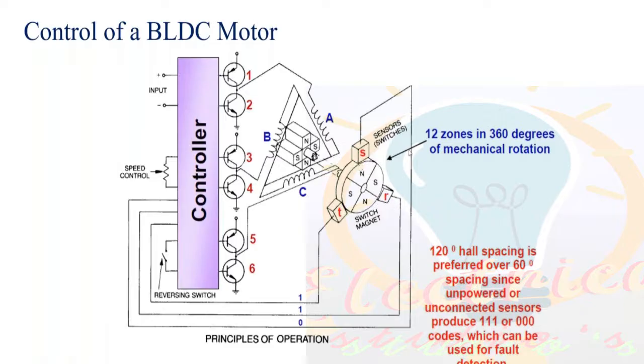I believe you know what a Hall sensor is, and I don't want to go deeper into that area. The Hall sensors give the input signal to the controller, and based on the position of the rotor, the controller decides which semiconductor switch, either MOSFET or IGBT, should open.